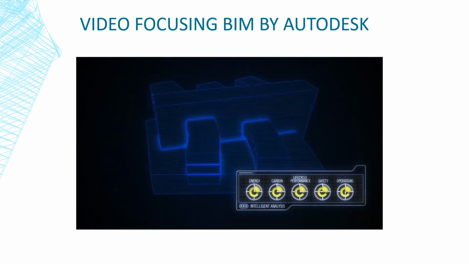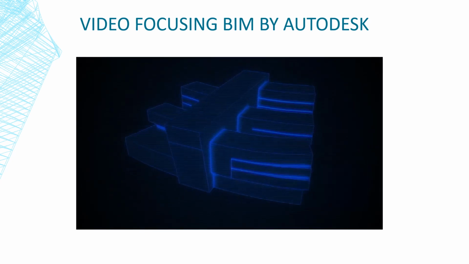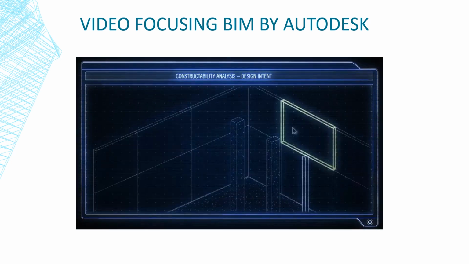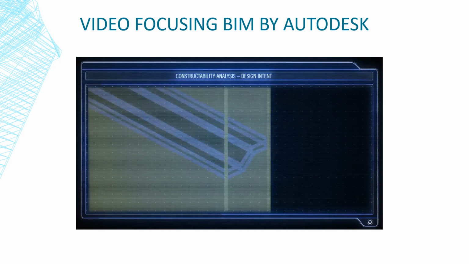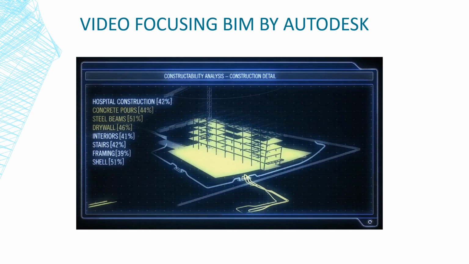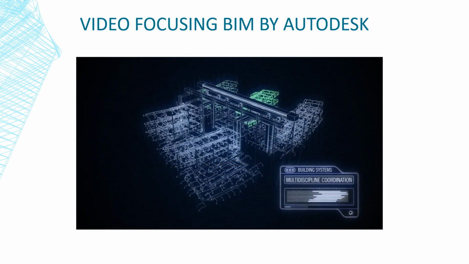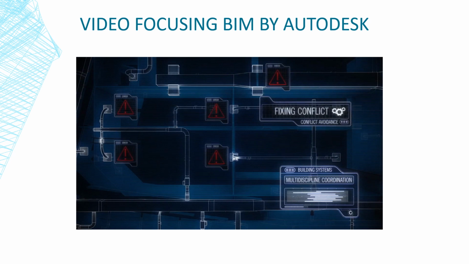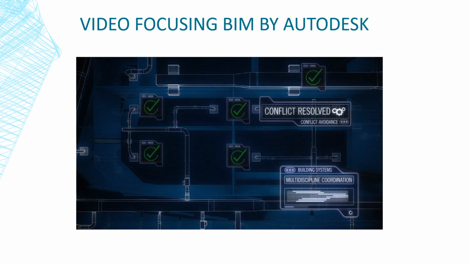So this is project completion stages completed, it has shown, and this is the energy analysis, constructability analysis, this is the systems of the building. If there is any collision, it will be seen in the BIM model. This is how we can fix the collision.